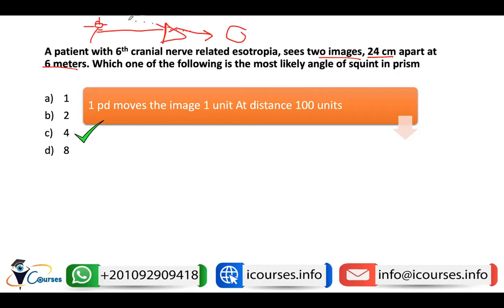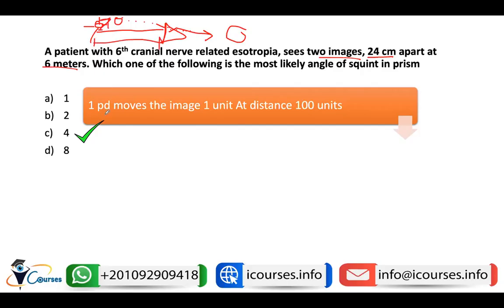It needs to see in a straight line. So it will see an image of the flower. This image is virtual, erect, and displaced toward the apex. So how much displacement? It will be displaced 1 centimeter if the object is placed at 1 meter from the prism.